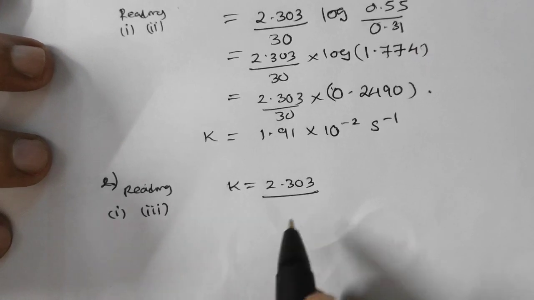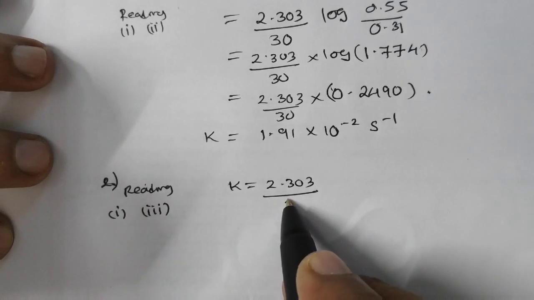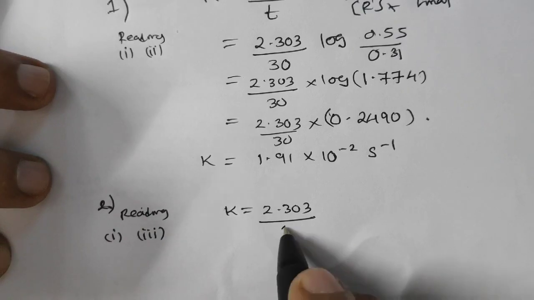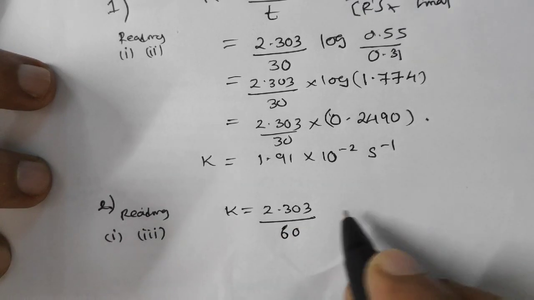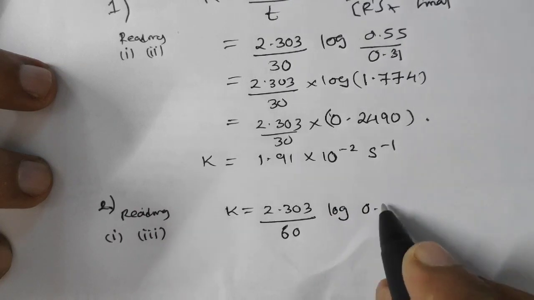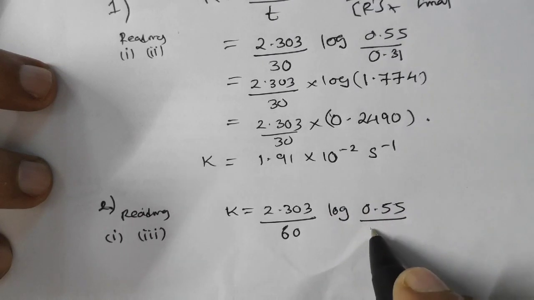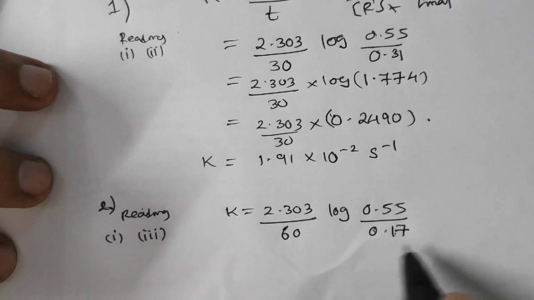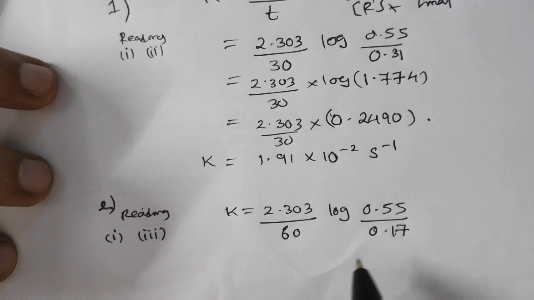So K is equal to 2.303 by t. What will t be? It will be 60 minus 0, so I write 60 only, into log R0, which is 0.55, upon Rt. Rt will be the concentration of ester at 60 seconds, that is 0.17 what we got. This you can also calculate by yourself.